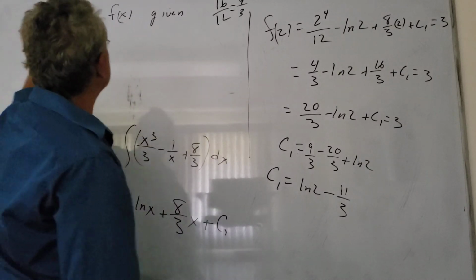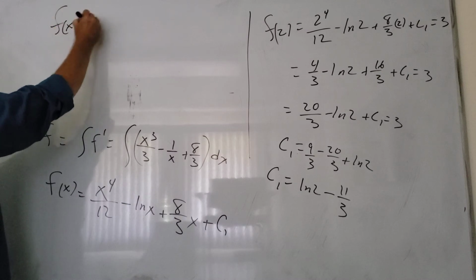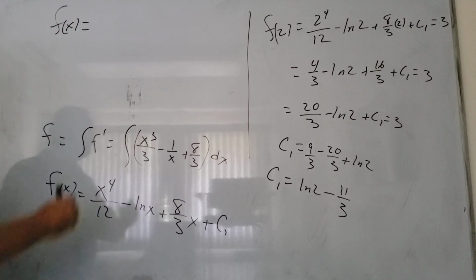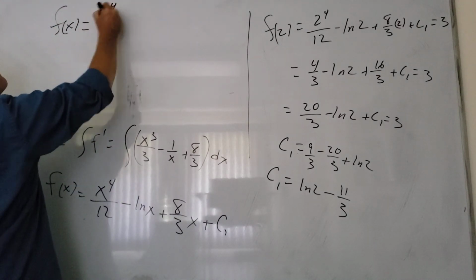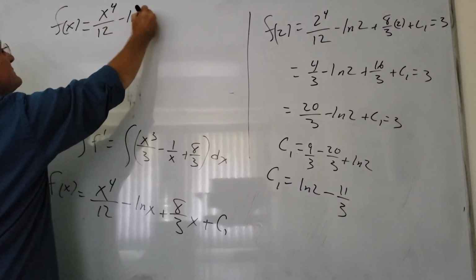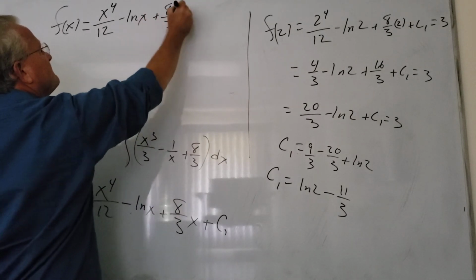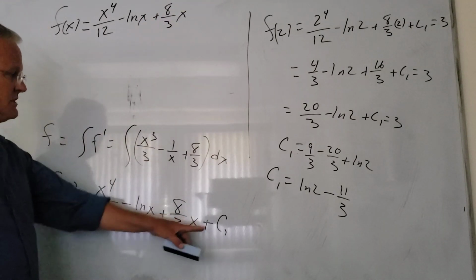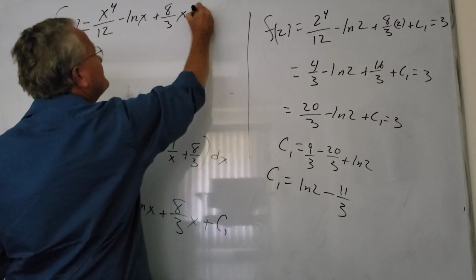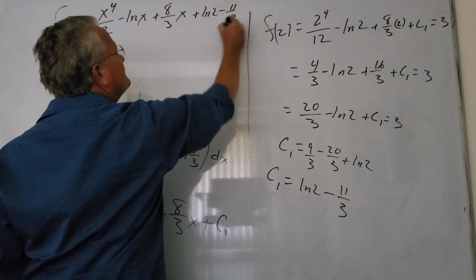And I'm just going to erase all of this. So we see that our function f is x to the 4th over 12 minus the natural log of x plus 8/3 x plus c1, but c1 is the natural log of 2 minus 11/3.